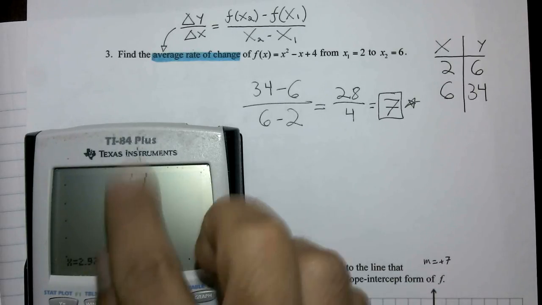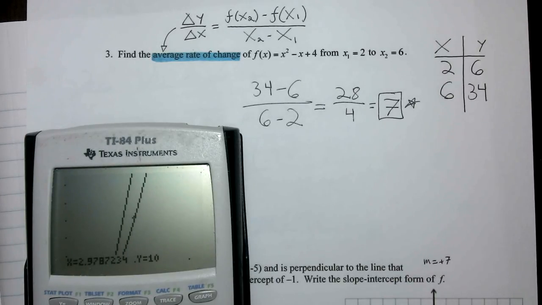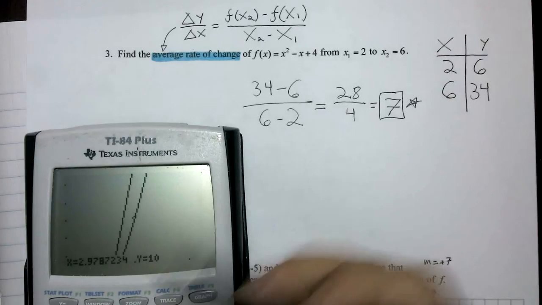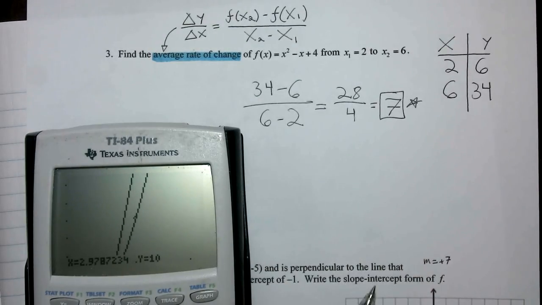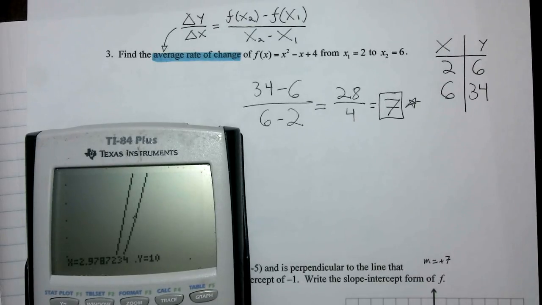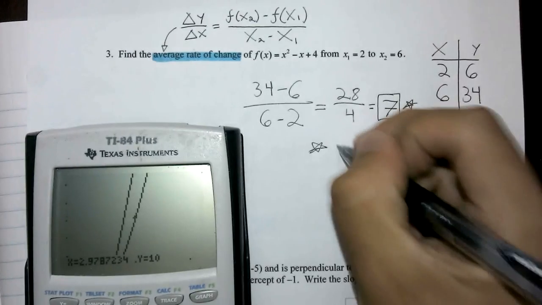So what this line is, if you recall from geometry, the line that's going up and to the right, kind of working between where x is 2 and where x is 6, is considered the secant line. So secant line's coming back into play.